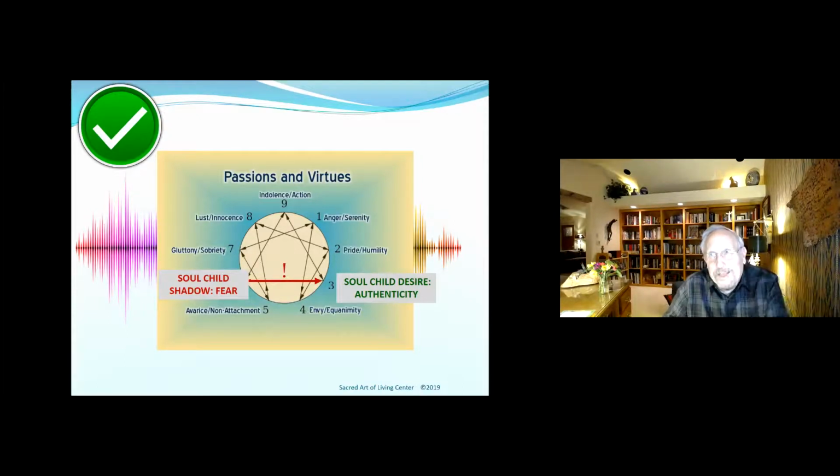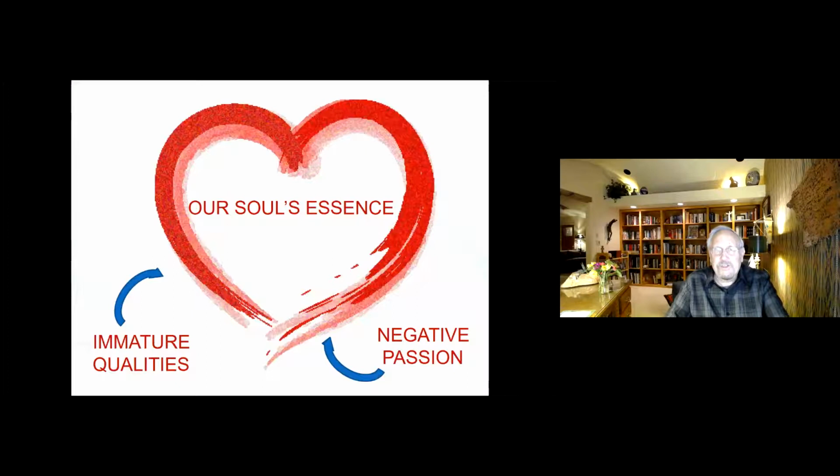So you begin to see where the dilemma is with the soul child. What begins to first show up when you identify with the soul child is the negative side of it that makes you feel like, no, I don't want to go there. And I'll show you how that plays out in terms of each of the types here.